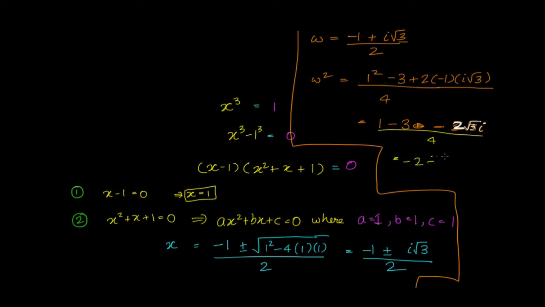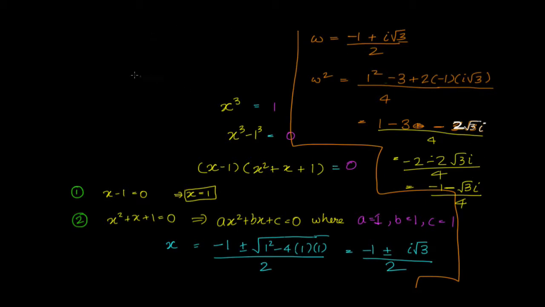So minus 2 minus 2 root 3i by 4, which is miraculously minus 1 minus root 3i by 2, which is the other root. So you see the three roots.